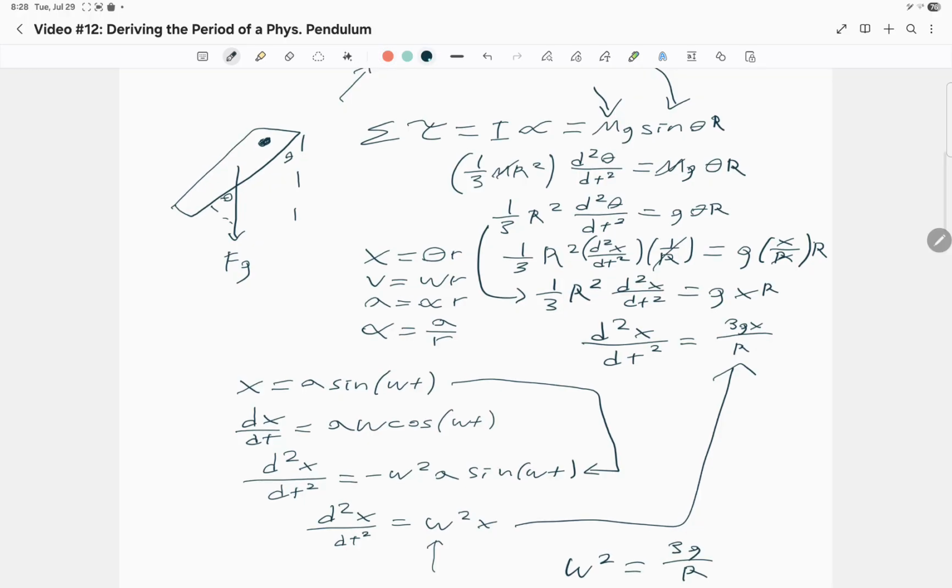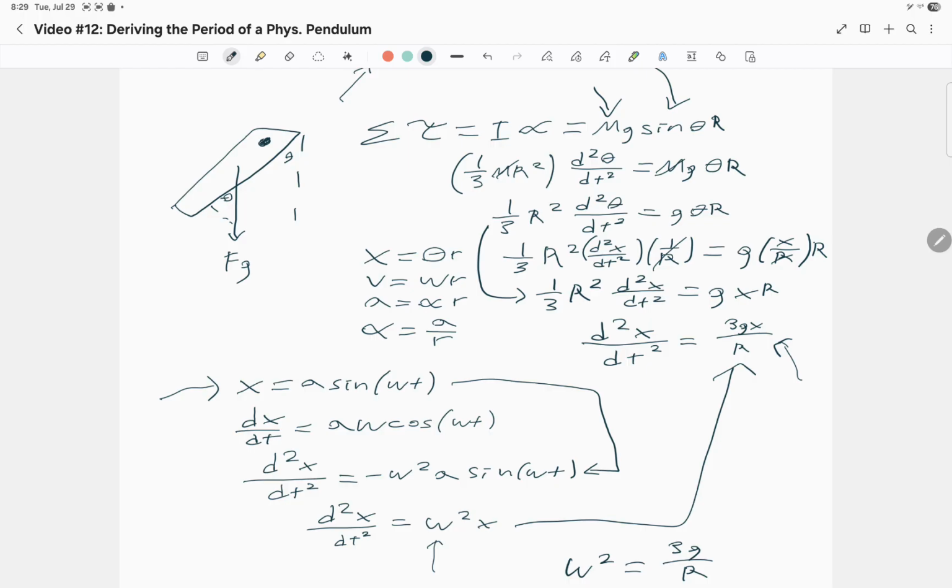We took advantage of the fact that this rod is undergoing sinusoidal motion, so its motion could be represented as a function of time. It's going to look like a sine wave, and when we take the second derivative of that sine wave, we can have an expression which we can link up to what we found using our expression for torque through all that work we did on the right.